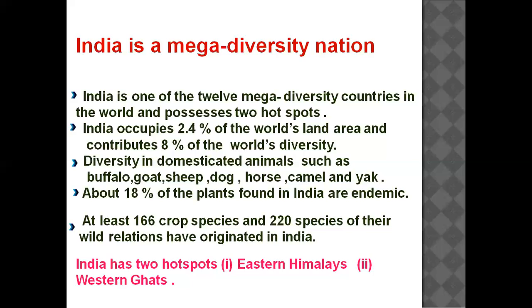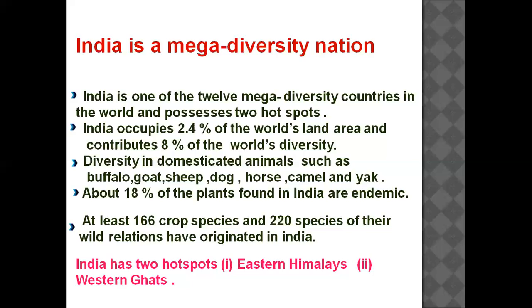India is one of the 12 mega diversity countries in the world and possesses two hotspots. Hotspots means those areas which are very rich in biodiversity. India is among the top 10 to 15 biologically rich regions.